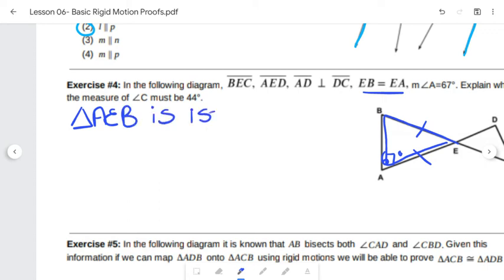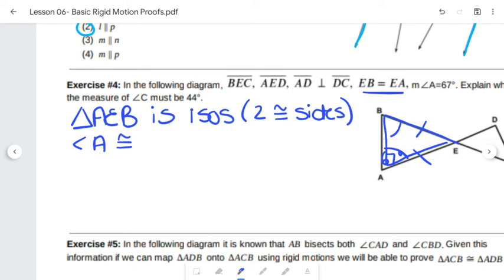Okay, we know that because it's got two congruent sides. And we also talked about isosceles triangles having, if they have two congruent sides, they have to have congruent base angles. So angle A is going to be congruent to angle B because of that. So we already know that we have 67 degrees in that spot as well.